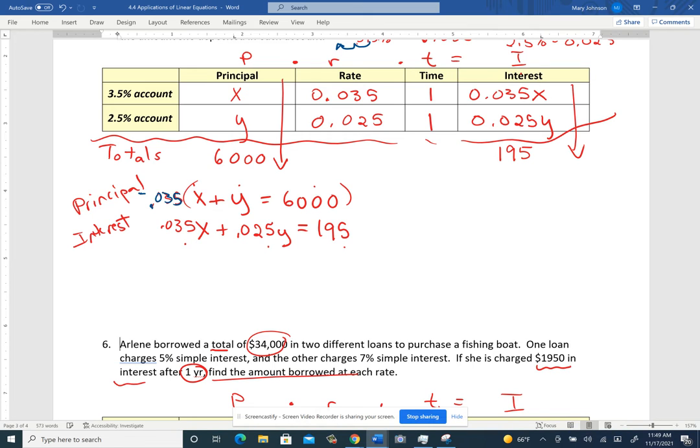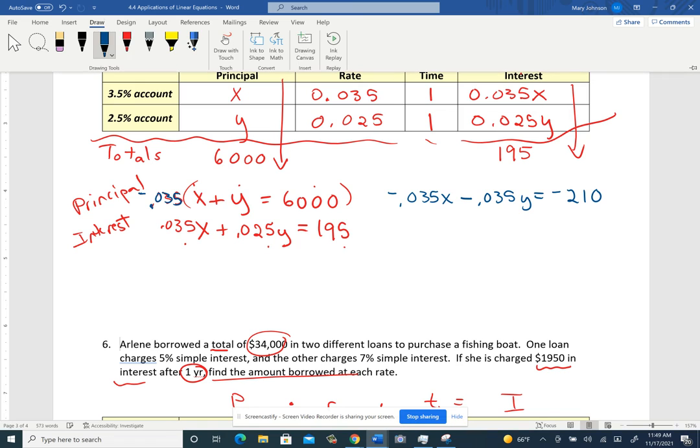So you might want to just leave the decimal. If I multiply through by -0.035, I'd have -0.035x minus 0.035y equals, and I had to get a calculator, -210. Then I'm just bringing the other equation over as is.